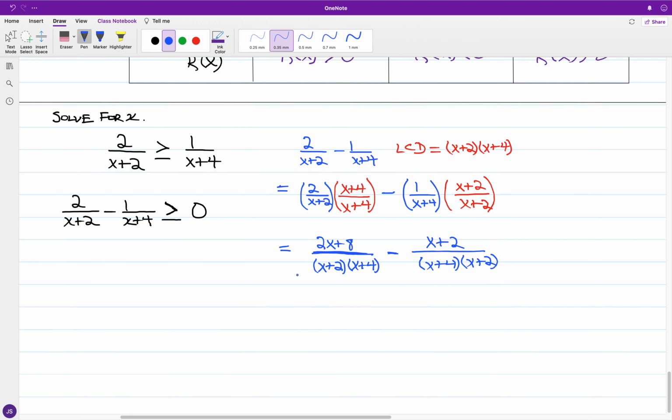Now once I look at consolidating, the denominator, you have x plus 2 times x plus 4, or x plus 4 times x plus 2. So you got 2x plus 8. Now for the second ratio, the numerator was x plus 2, but both of these terms will be affected by the subtraction right in front of it.